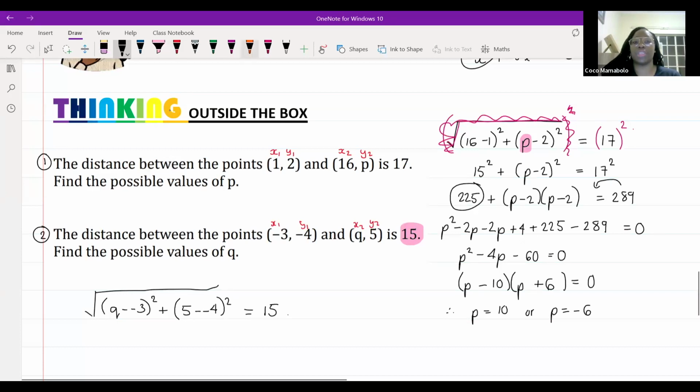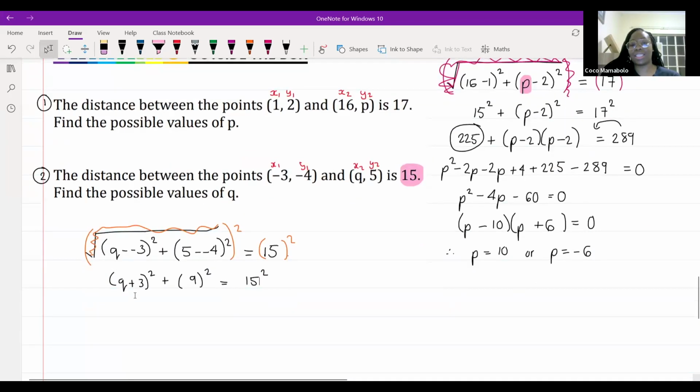All of this is equal to 15. So I'm then going to square this whole side, and I'm also going to square this whole side to get rid of the square root. Inside the bracket here, a negative and a negative will give me q plus 3, all squared, plus inside here 5 plus 4 will give me 9, all squared, is equal to 15 all squared.